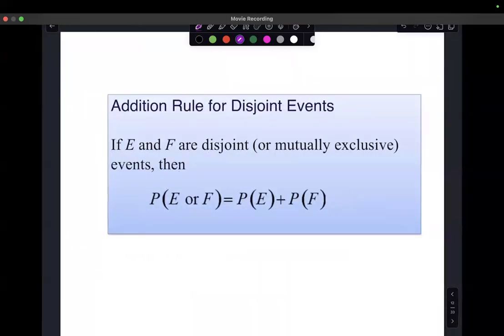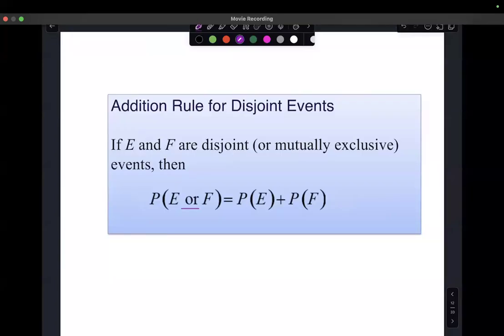Okay, here's the addition rule when things are disjoint. So this is the OR rule. The reason I call it that is because you're going to see the word OR with this rule. The addition rule will always have the word or. Okay, so for or probabilities, this is what we do.